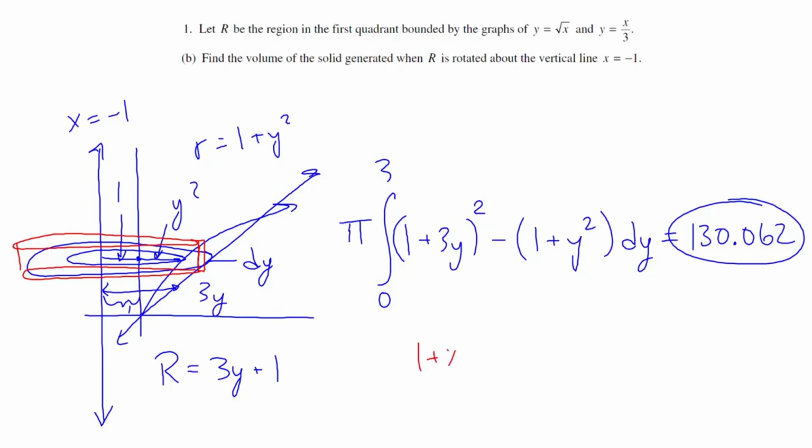So we'd have 1 plus x inside of an integral, and the height would just be the upper function minus the lower function, so root x minus x over 3. And we'd integrate this with a 2 pi out in front, right? Because the shell method says 2 pi times the radius times the height, right? And our radius is from -1 to here, so it's 1 unit to get to the y-axis and x over. And the height is just the difference between the two functions. We'd integrate from 0 to 9.